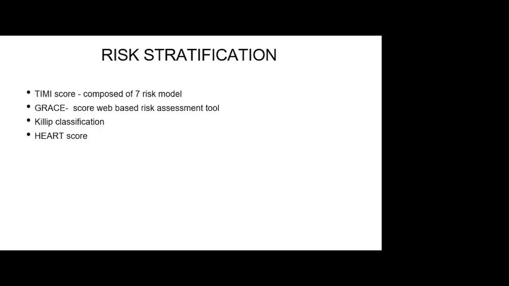But it's not like STEMI, where ideally all patients should go to the cath lab. But non-STEMI, no. If you select a high risk patient and take them to the cath lab, the benefit will be very high. But if you take a low risk patient, actually we are doing harm rather than doing good. So intermediate risk patient, gray area, depending on age and anatomy and all.